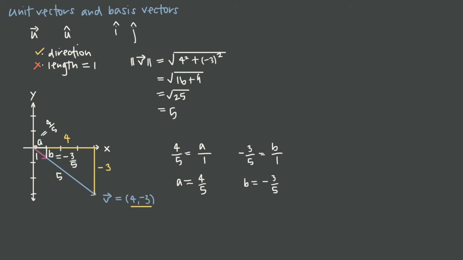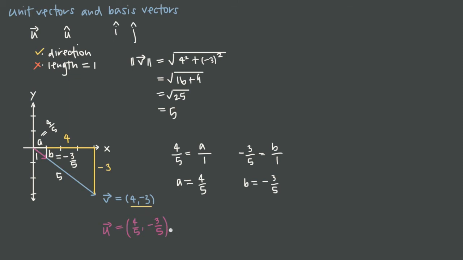And just like that, because I have the horizontal and vertical components, I can say that my unit vector, u, that points in the same direction as v, is equal to 4/5 and -3/5.